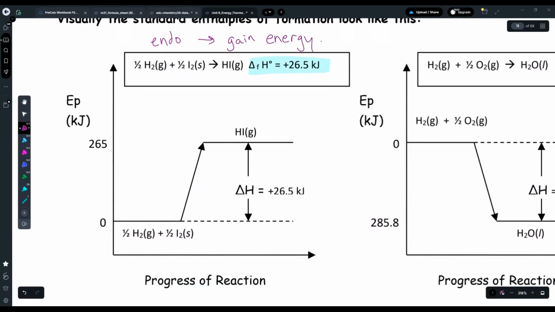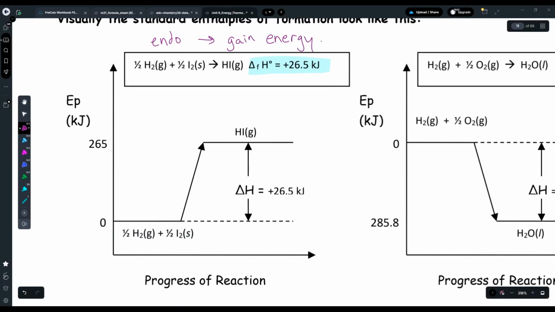Okay, and what the potential energy diagram would look like for this. This is a very simplified potential energy diagram, but we still have the reactants labeled. Now that we have an exact chemical reaction to talk about, we still have the products labeled.